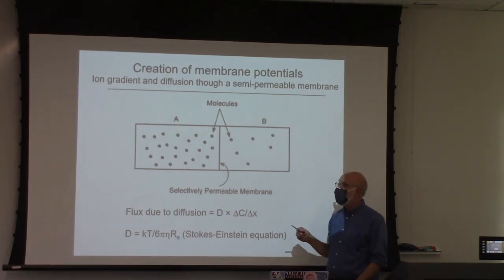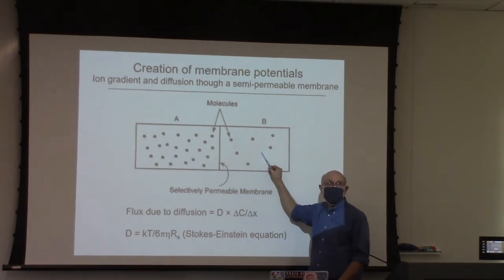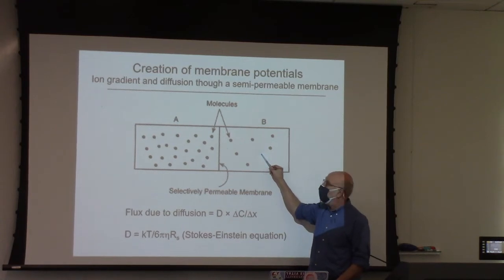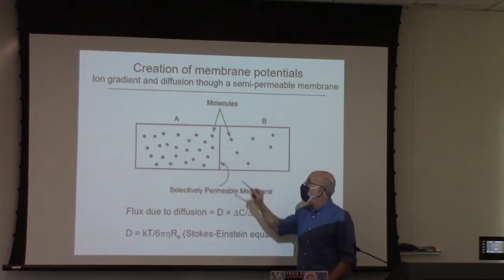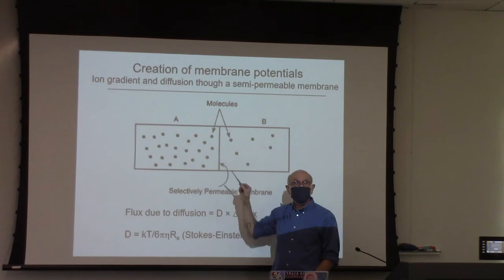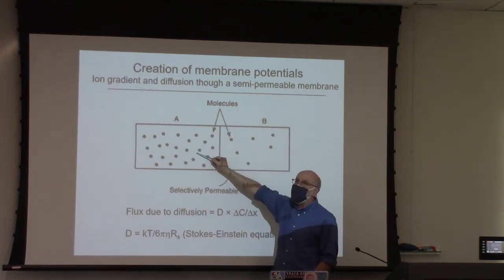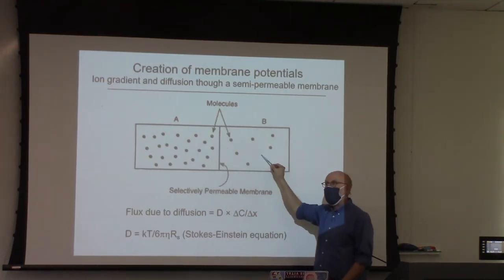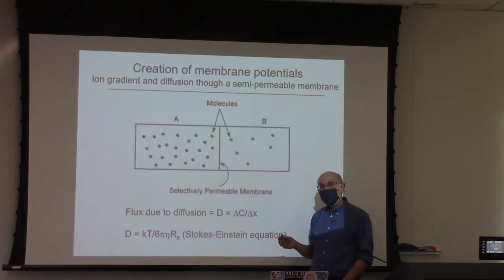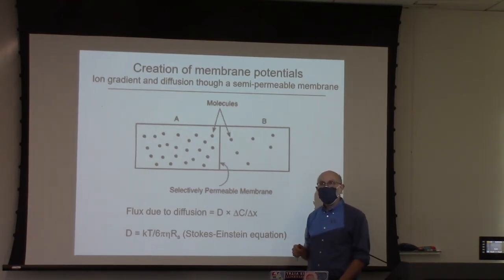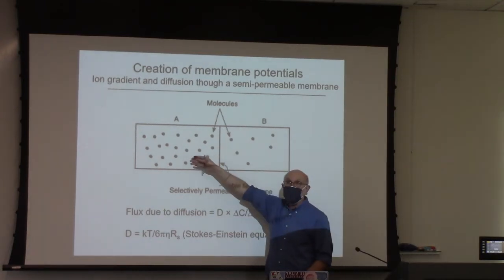So in a cell, this is the cytoplasm and this is the extracellular space. Let's say that these dots represent potassium. There's more potassium on the inside than on the outside. Why? Active transport. Sodium potassium ATPase pumped those potassium ions in there.